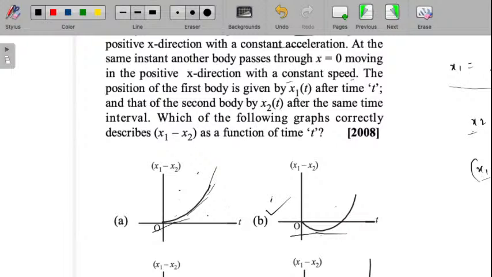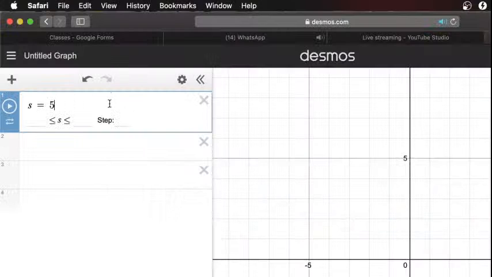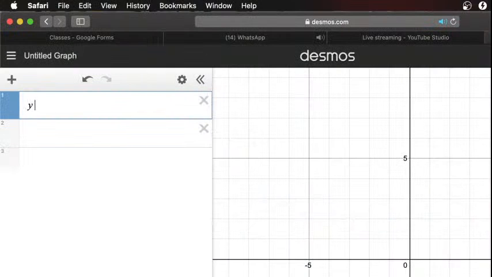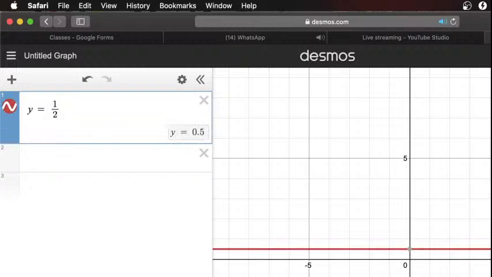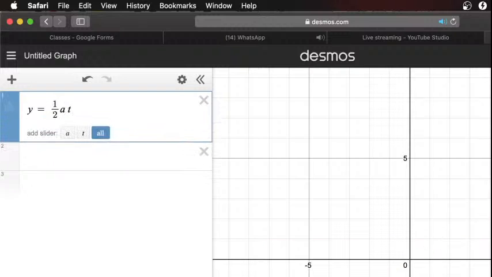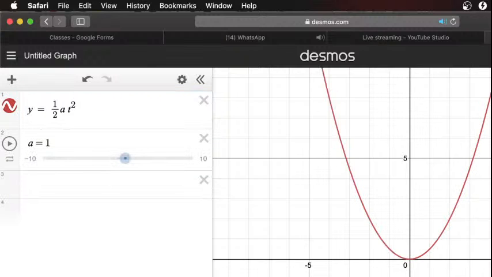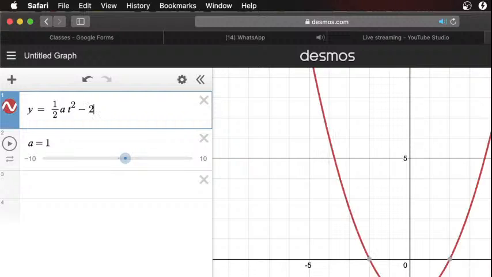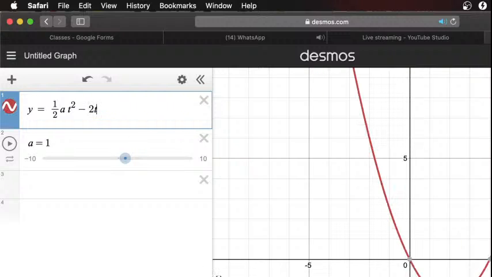Just to show you further explanation here, see the graph of y equals 1 by 2 a t square. It's a graph like this. But if I have to subtract something like 2t, as you can notice here, it's a curve that's going like this.